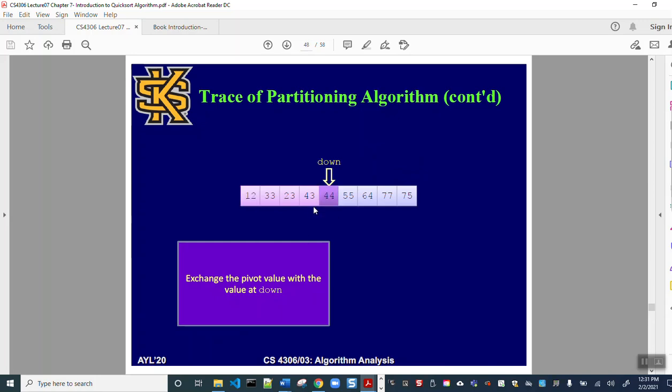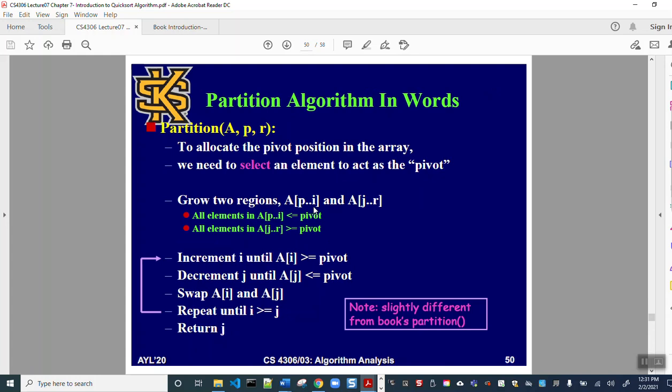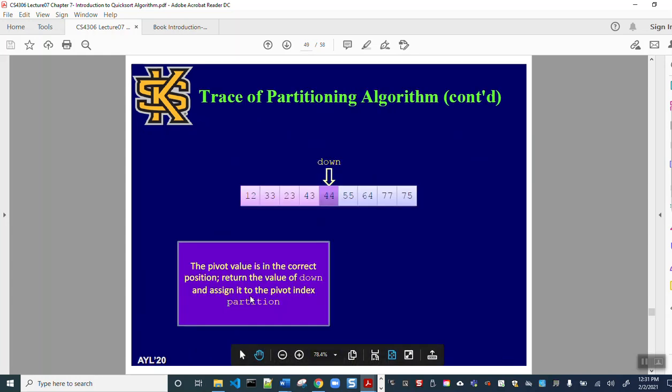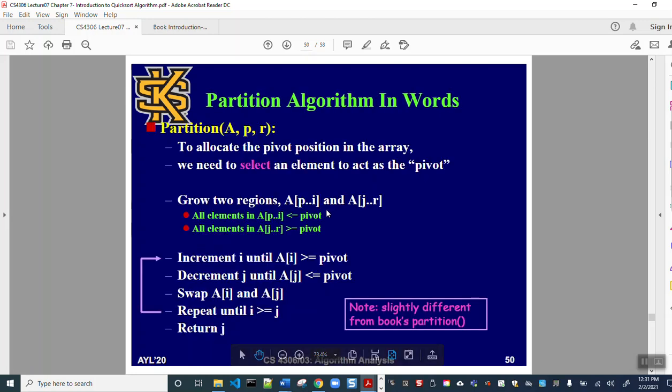In this position, what will we return? We will return J, right? So J will be this one, and that is the pivot element.